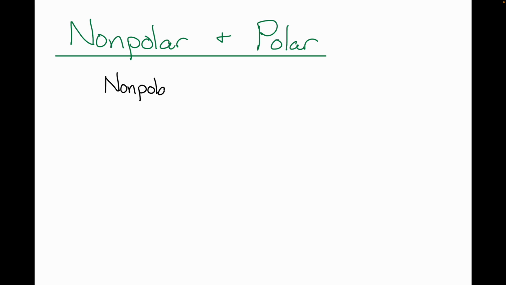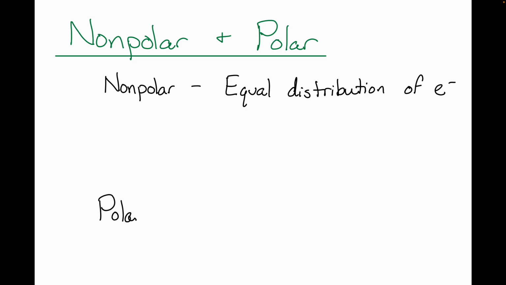By nonpolar, we mean a molecule that has an equal distribution of electrons. By polar, we mean the exact opposite: a molecule where there's an unequal distribution of electrons.